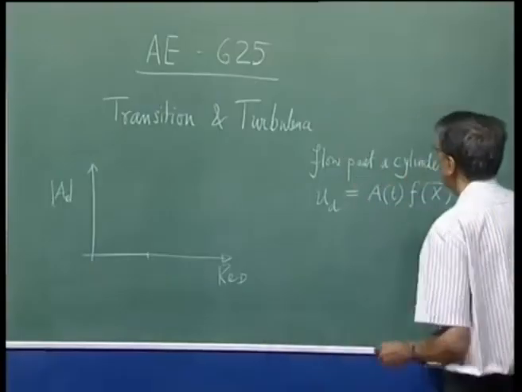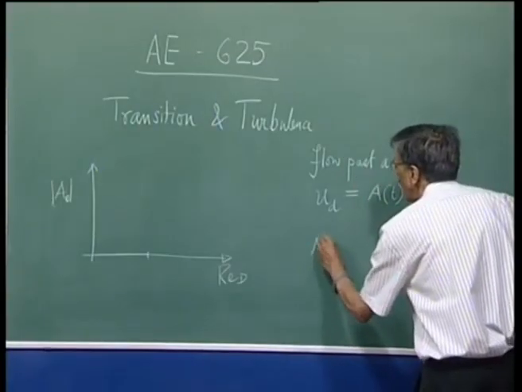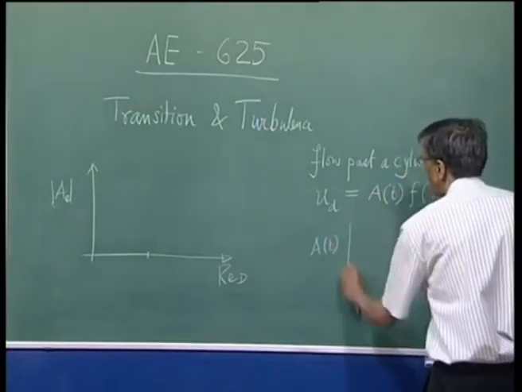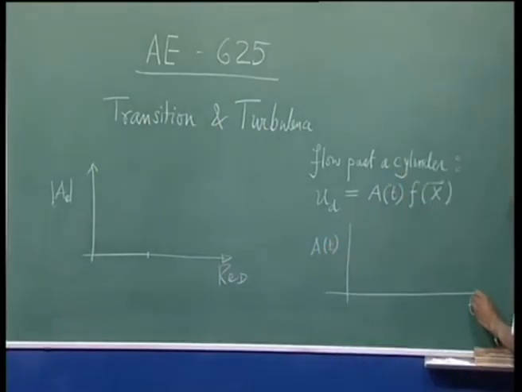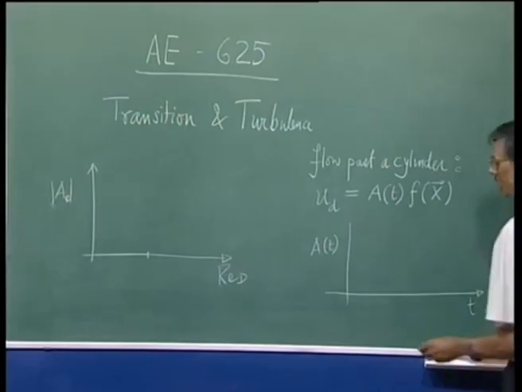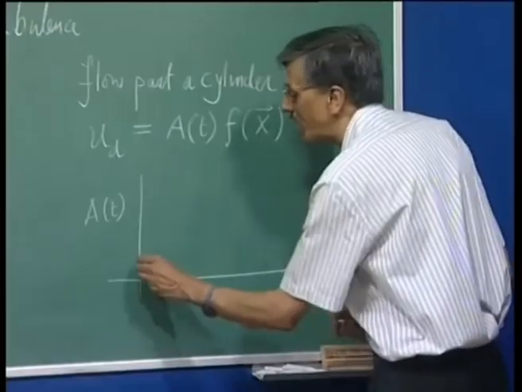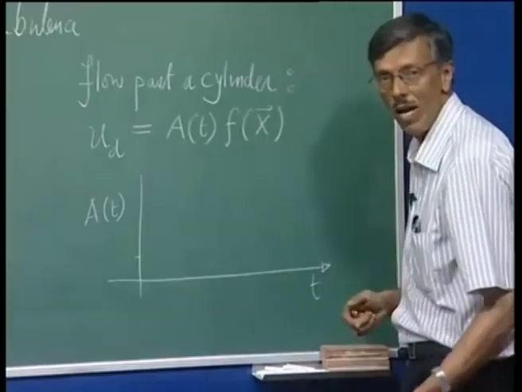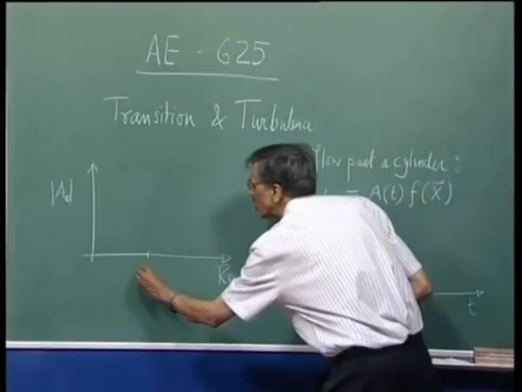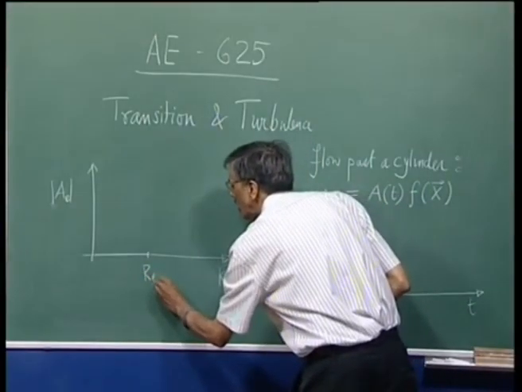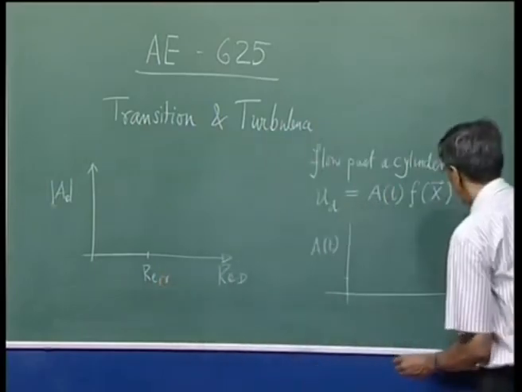If I plot A of t versus t, I may get something like this: initially, let us say I create some kind of a disturbance, and if I am below this Re critical value, then what will happen?